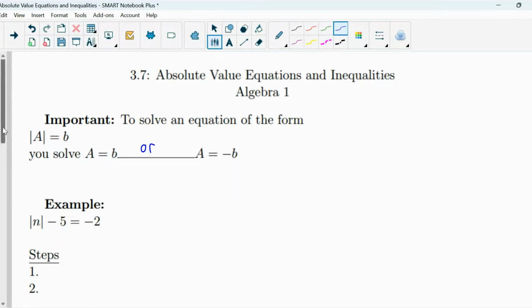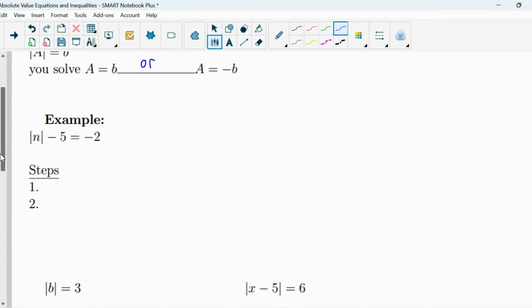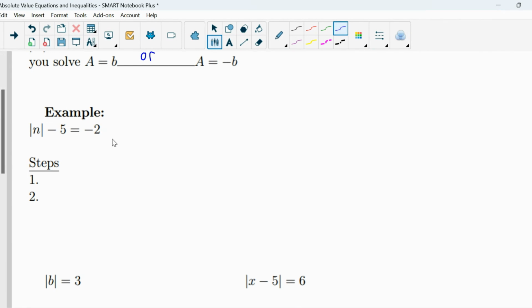So our first example here, we have the absolute value of n minus 5 equals negative 2. To solve an absolute value equation, we essentially do the same thing that we do when solving any equation, except this time we start by trying to isolate our absolute value. So let's start by adding 5 to both sides.